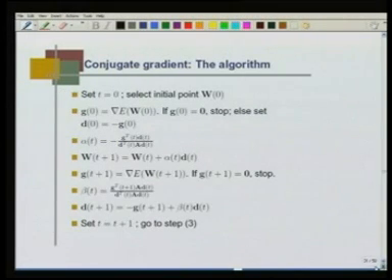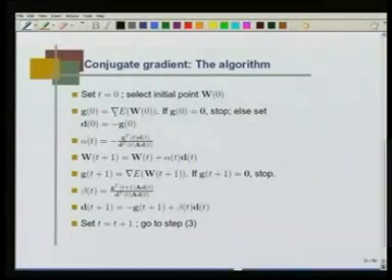So, the algorithm is very simple now. Set t equal to 0, select initial point w0. We are only considering a linear quadratic cost function, remember. So, g0 is delta E at w0. If g0 equal to 0, stop, else set d0 equal to minus g0. Alpha t is the formula that we have already shown, minus gt transpose dt by dt transpose A dt.